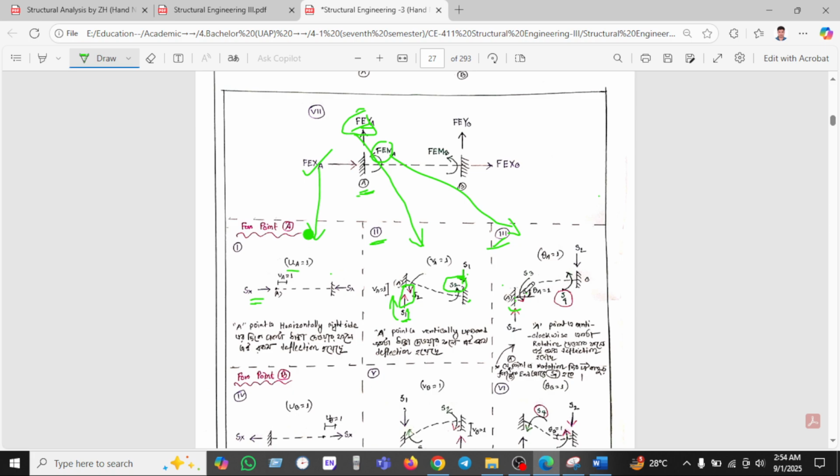When the member is rotating and going down, this counter point will be S3. S3 and S2 will be in opposite directions, as we saw S1 and S2 are in opposite directions. But keep in mind that S3 is here, but the other end will be S4. In the rotation case, S3 is for the rotation point, but S4 is for the opposite point.